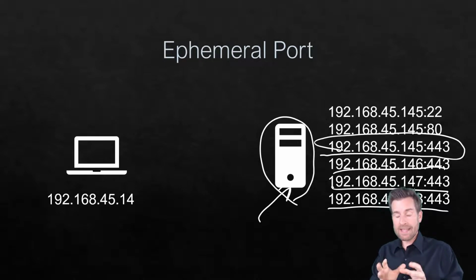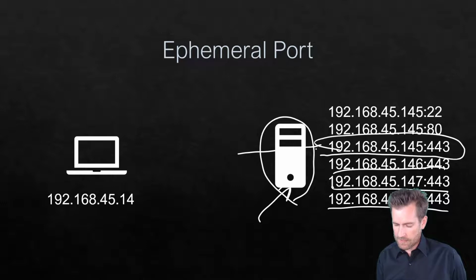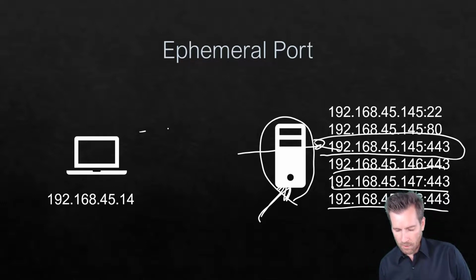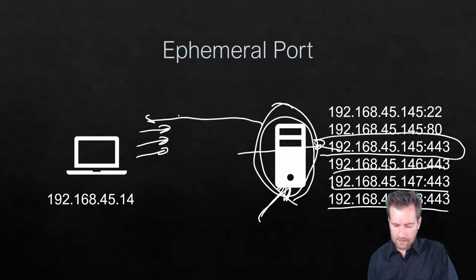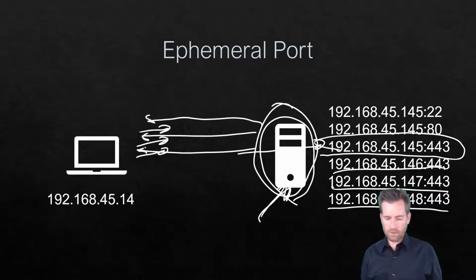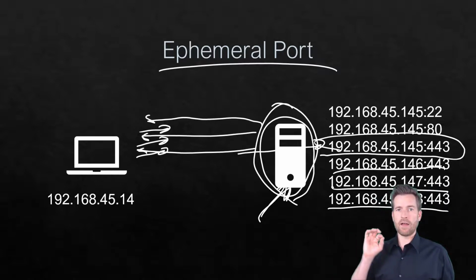In that scenario, we are addressing a specific socket on this server, but we're doing it multiple times. So the question is how does this server know that it's fulfilling each one of these requests separately? And we do that with what's called ephemeral ports, or ports that are on the client side.